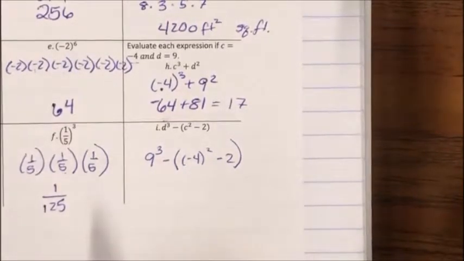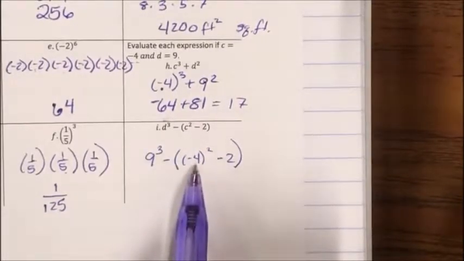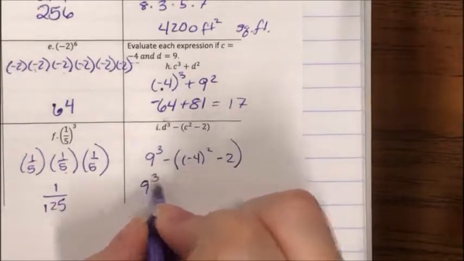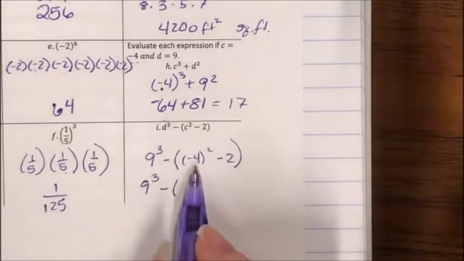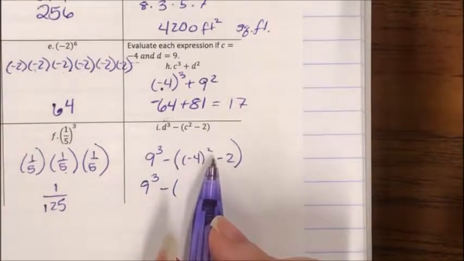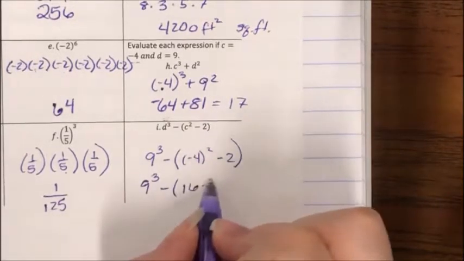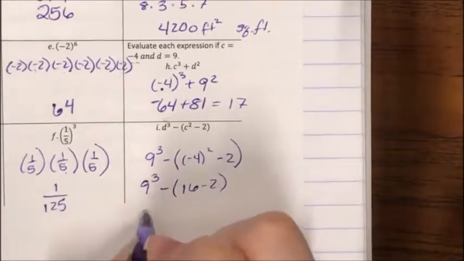Now, according to Please Excuse My Dear Aunt Sally or PEMDAS, I do parentheses first, then I do exponents, okay? So I'm gonna go ahead and do what's inside my parentheses first. -4 squared is -4 times -4, which gives me 16 minus 2.